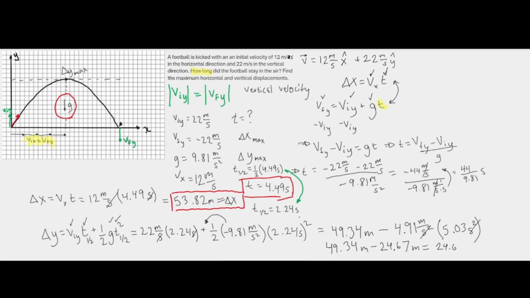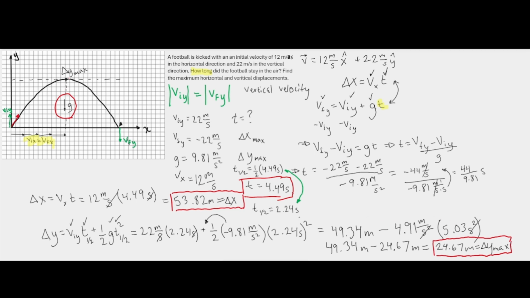24.67 meters. And this is delta y max. If you got a little bit of a different value, it's probably because I was using the non-rounded values when I would do my intermediate steps. But this is the final answer for delta y max, and that indicates the maximum height that the ball would achieve at the top of its trajectory.